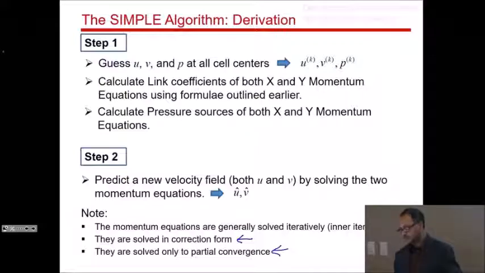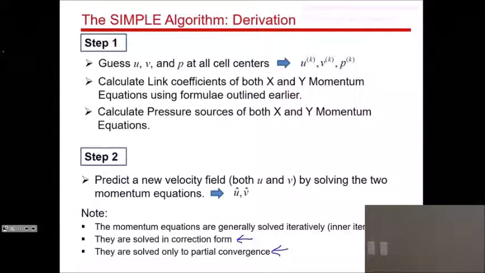Why do you solve it to partial convergence? Because if I solve U momentum to machine accuracy, it doesn't help anything, because ultimately I have to go back and resolve it again. So why solve the X momentum to machine accuracy? It's kind of like 3 people advancing, and the target is that all 3 should reach the wall simultaneously. If I'm super fast and I just run to that wall and the other 2 guys are here, it doesn't help anything.